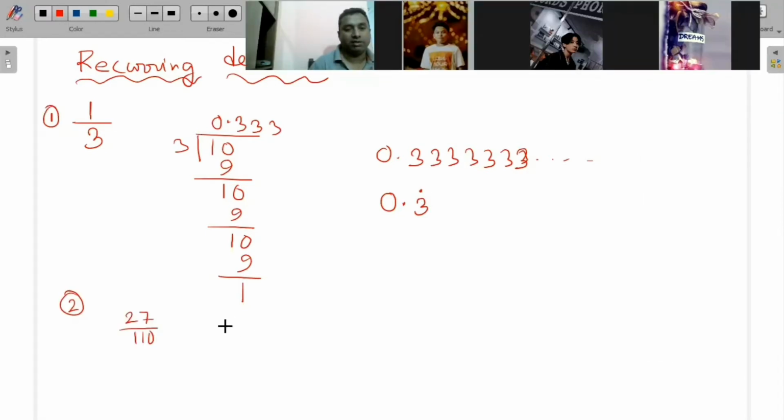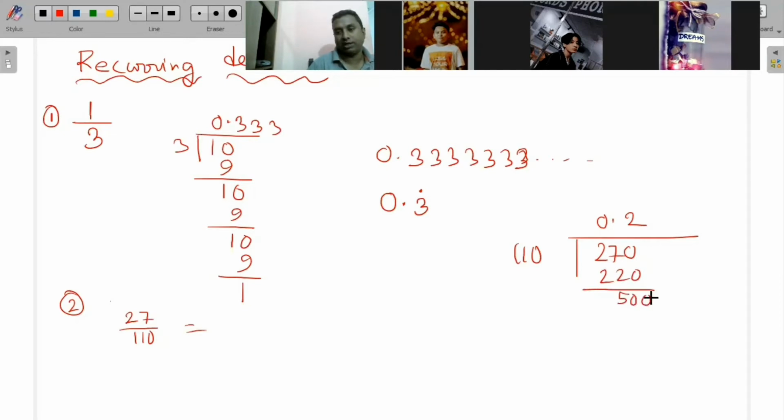Now let me divide 27 divided by 110. Let me take 1 0. How many times? 2 times most probably, right? 220. Now this is becoming 5 0. Take another 0.